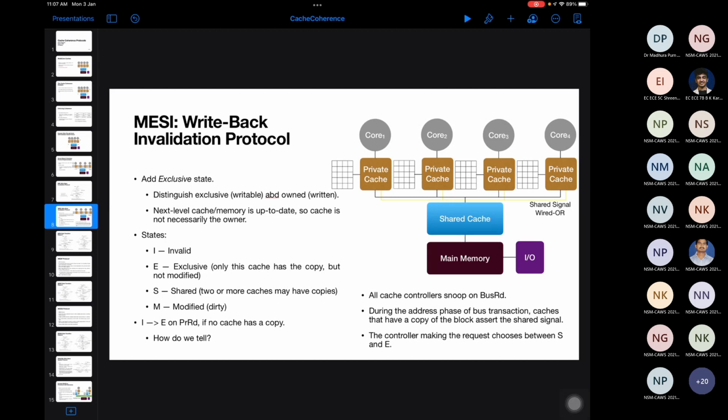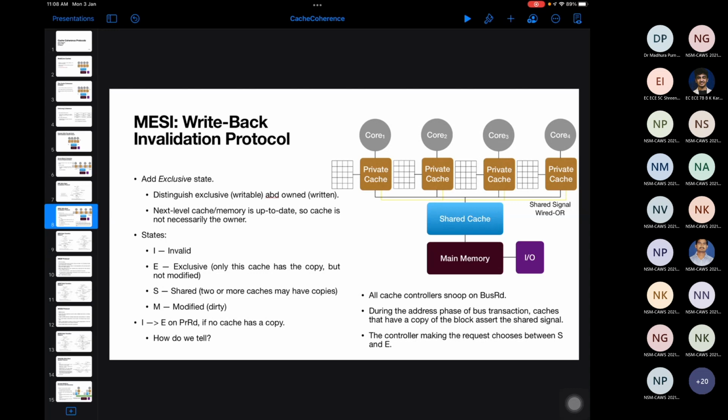So it means whenever we are moving from I to E or S, we need to have a mechanism. How do we determine whether we have to put the block in an S state or E state on processor read? Because initially core 1 wants to read the data, which is not there in its private cache, so the block is in I state.